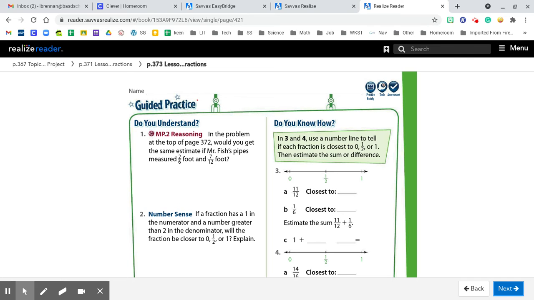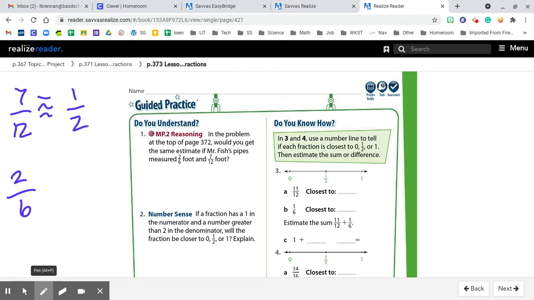So we already know that 7/12, if we're estimating it, is going to be close to a half. 6/12 would be a half, so 7/12 is pretty darn close to that. And 2/6, a half, when we're talking about sixths, is 3/6. 3/6 is a half. So those are both equal to 1/2.